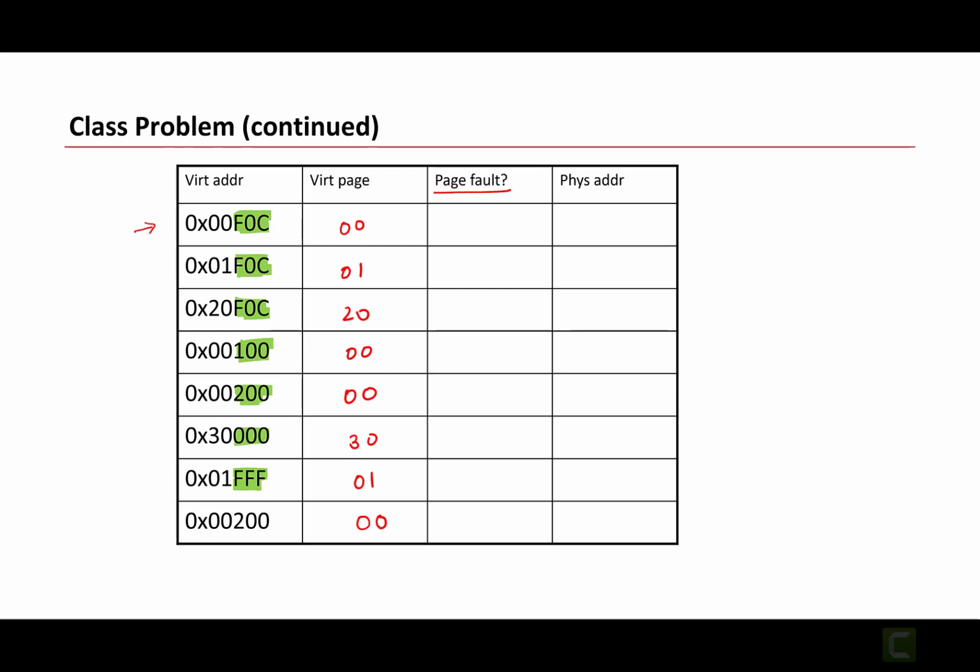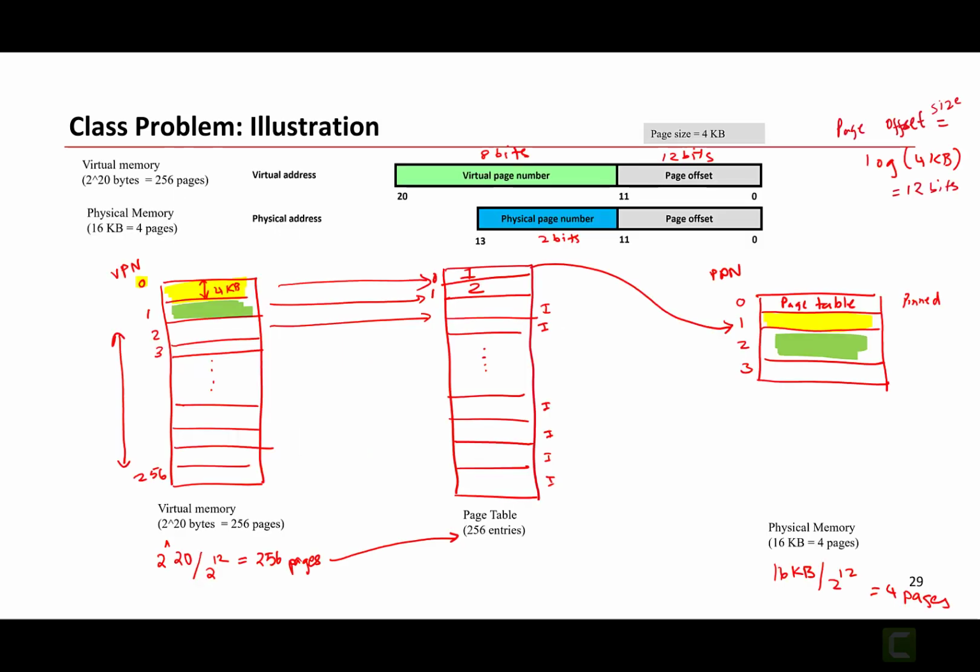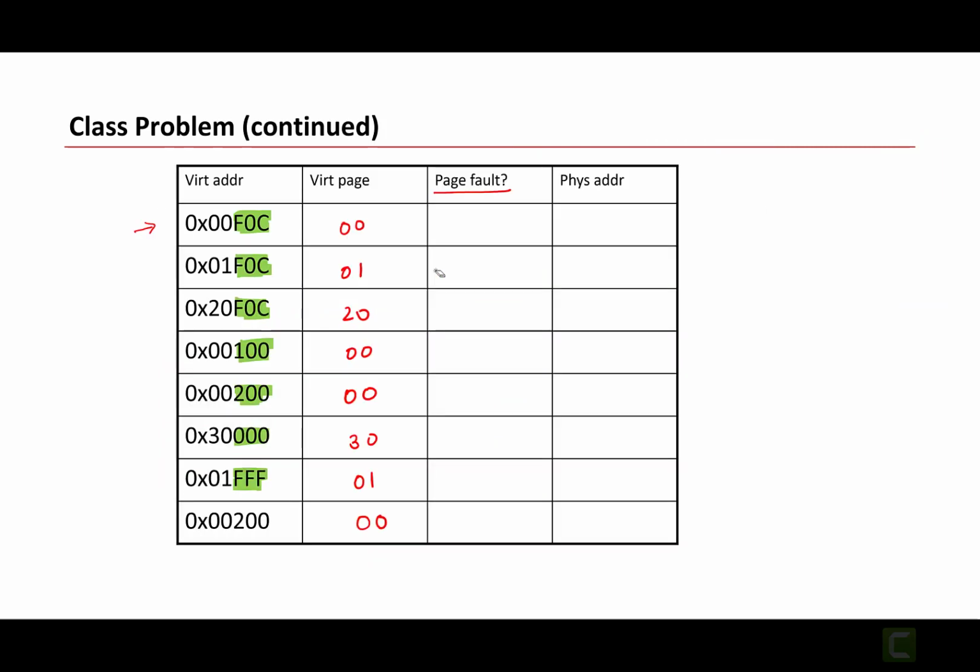To answer that question, we have to look into our page table, and we see that virtual page 0 is stored in physical page number 1. So the good news is that the virtual page is allocated in main memory, and therefore it is not a page fault. So this is not a page fault, meaning it is a hit in the main memory.